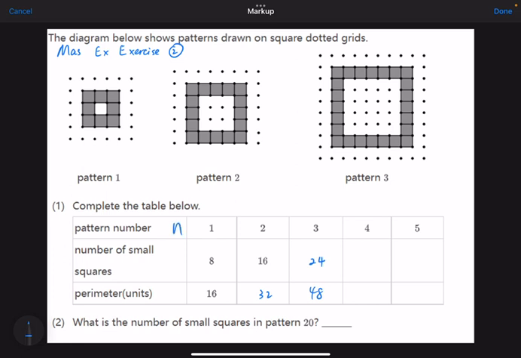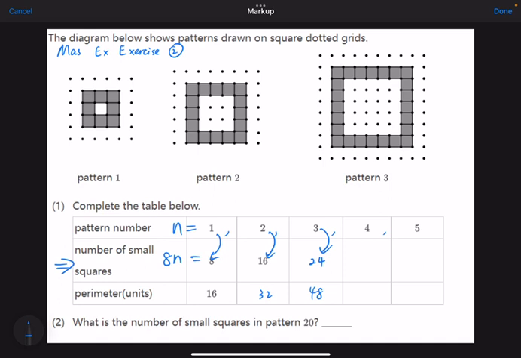The n is the pattern number or the term number. It is always 1, 2, 3, 4, 5. For the number of small squares, from 1 to 8, from 2 to 16, from 3 to 24, the general term will be 8n.